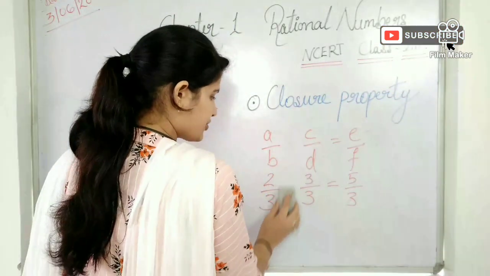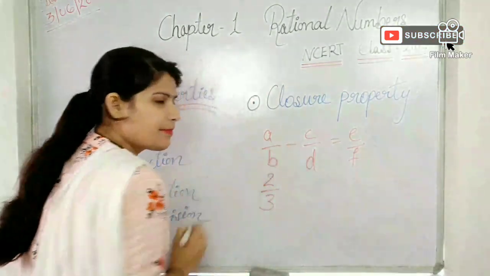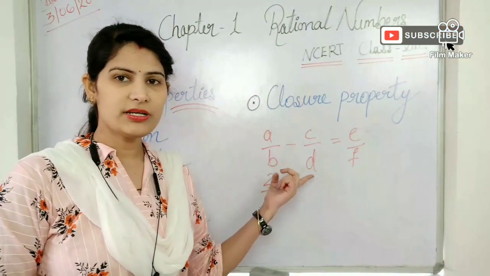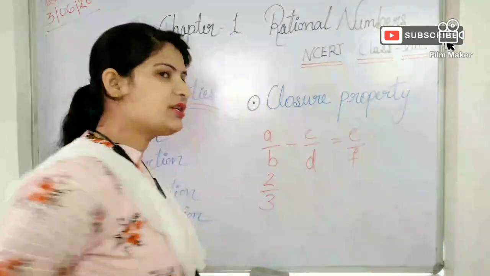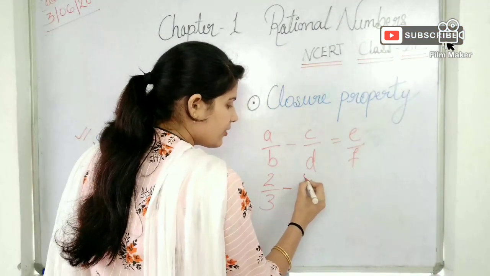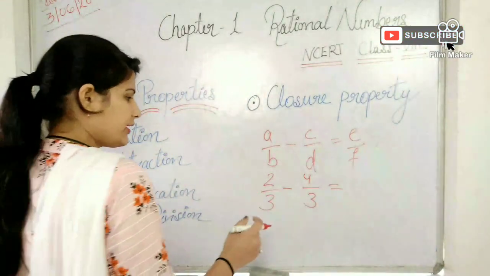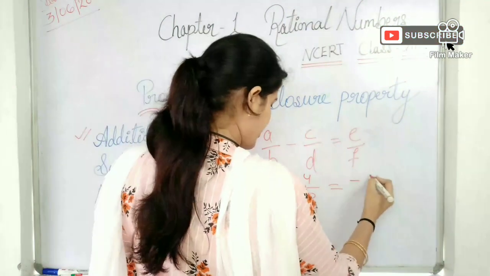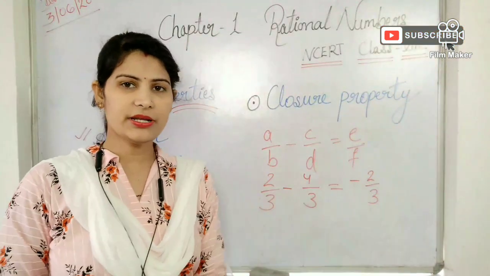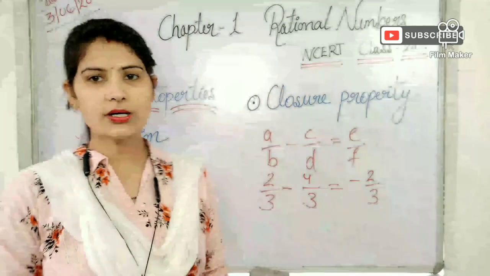Now let us check subtraction. These 2 rational numbers' subtraction is also a rational number. Let's check: 2 upon 3 minus 4 upon 3 is minus 2 upon 3. That means this is also a rational number. So subtraction also belongs in closure property.